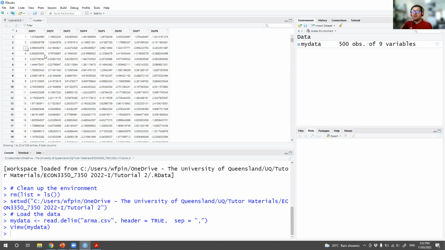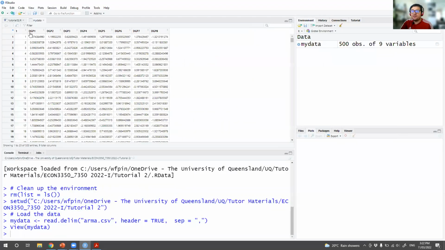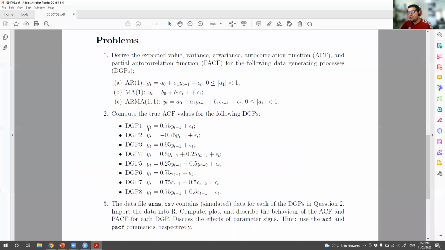We have 9 columns, 8 for the data generating processes, the time series that we're going to estimate. These time series were simulated. So for this first time series, if you model it using an AR(1) model and you estimate alpha 1, that alpha 1 would be 0.75.